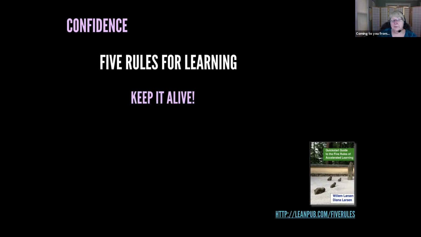So first thing is keep it alive. That has to do with remembering that there are humans involved here and that we need to recognize the physiological and psychological needs that humans have when we're in this learning environment. The setting needs to come first. We need to figure out how we're going to create a climate for learning, whether that's a physical setting or a virtual setting online.